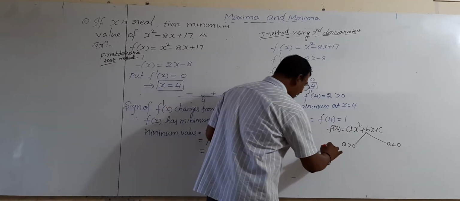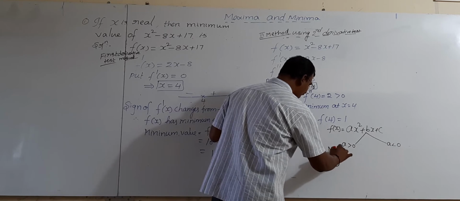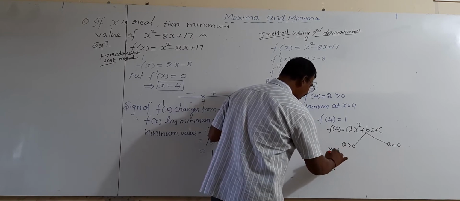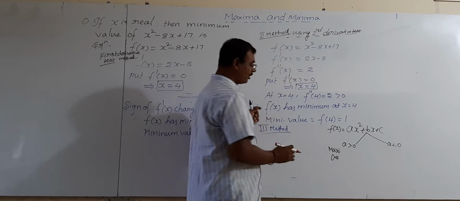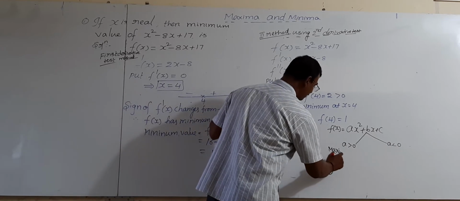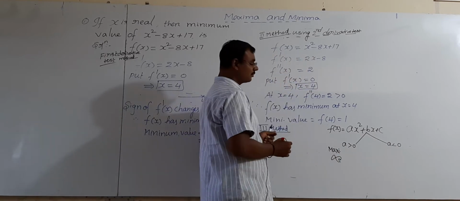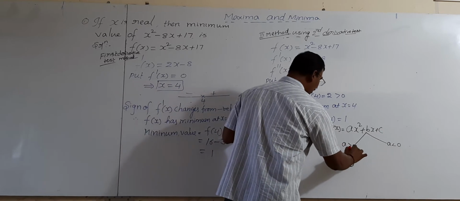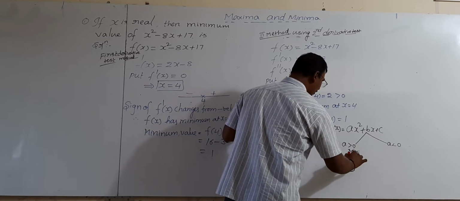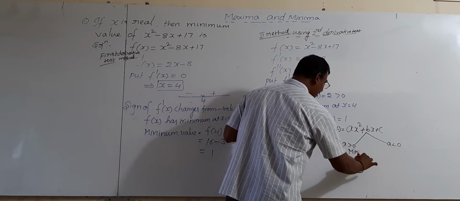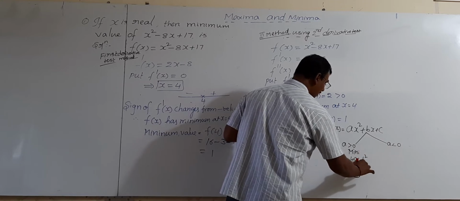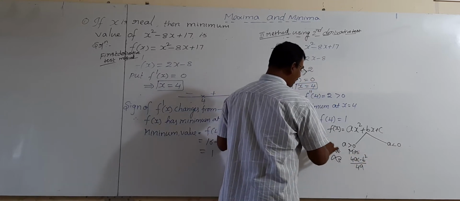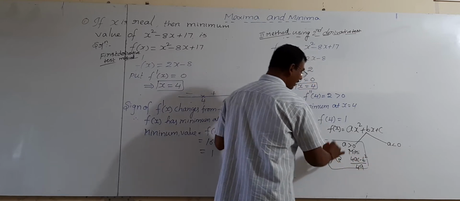If a greater than 0, maximum value is always infinity. Maximum is always infinity, undefined. Minimum value, remember, is 4ac minus b square divided by 4a. This is if a is greater than 0.